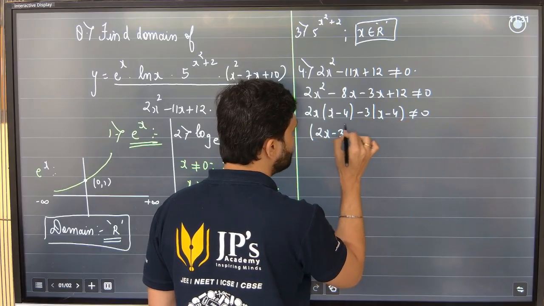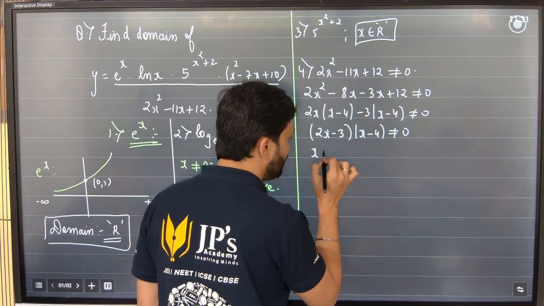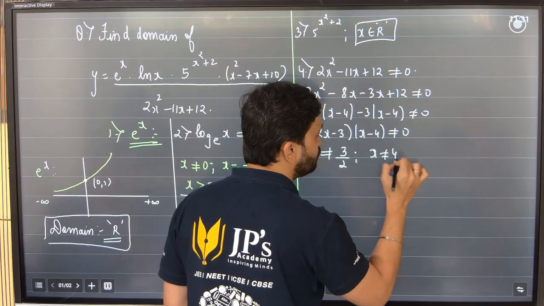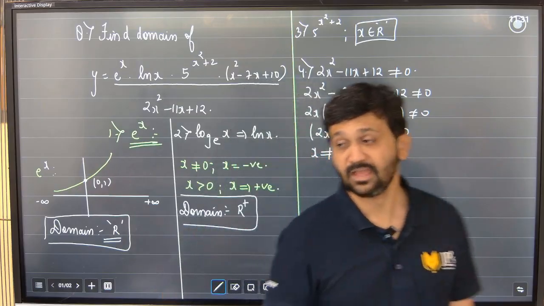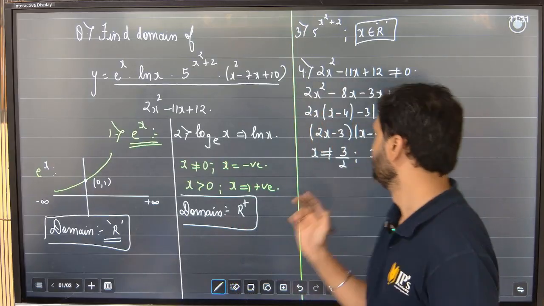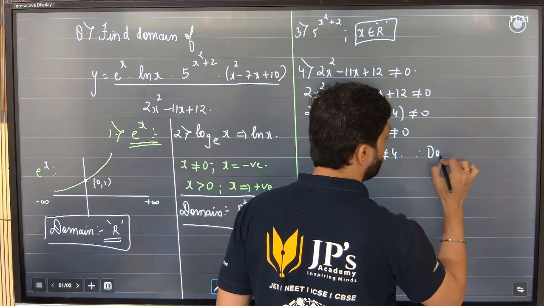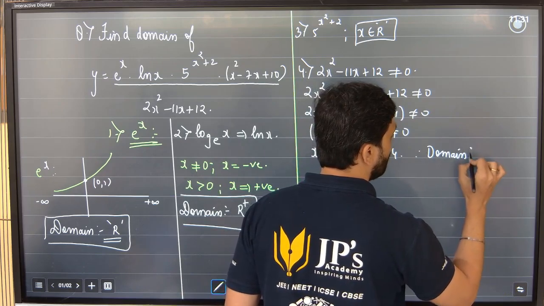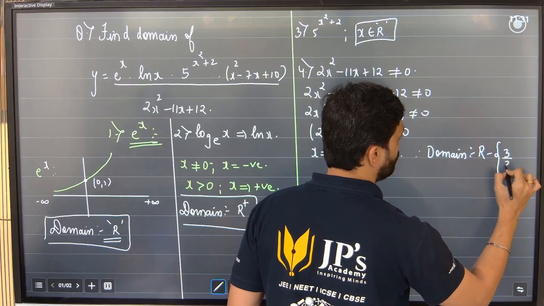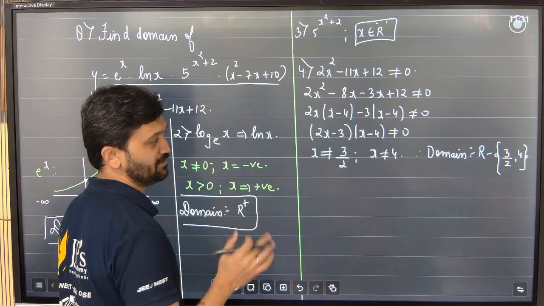So (2x minus 3)(x minus 4) should not be equal to 0. I have understood that x cannot be equal to 3 by 2 and x cannot be equal to 4. In the denominator, I can use all values except these two. It means my domain here is all real numbers except 3 by 2 and 4. Here I can use all numbers, guys, except 3 by 2 and 4.